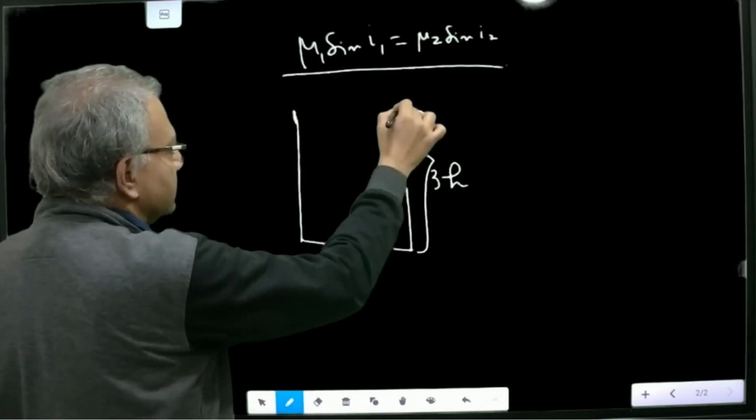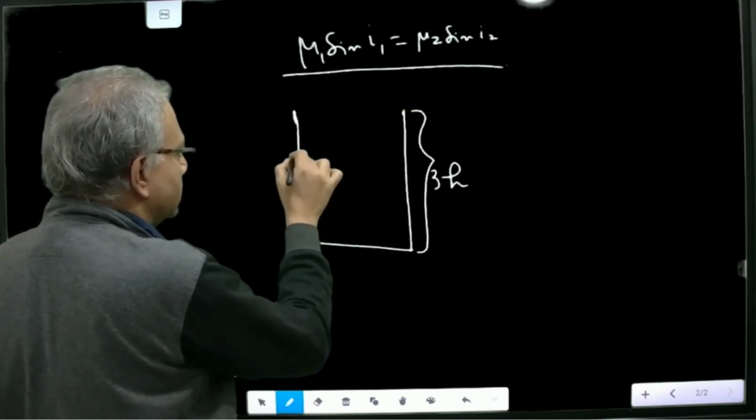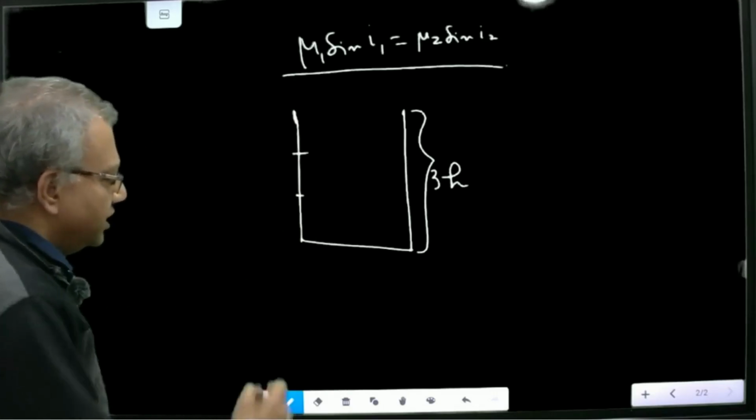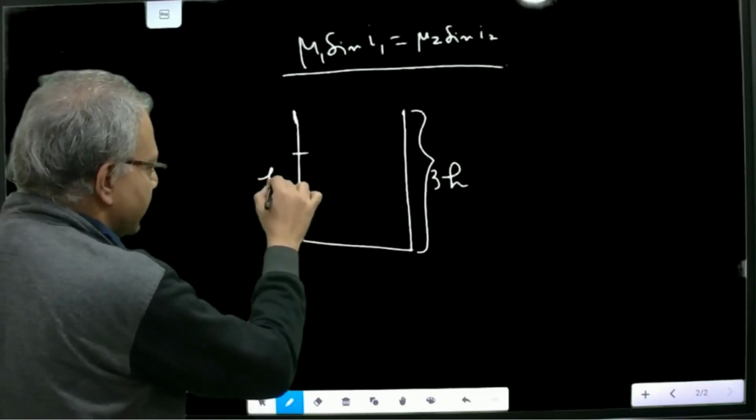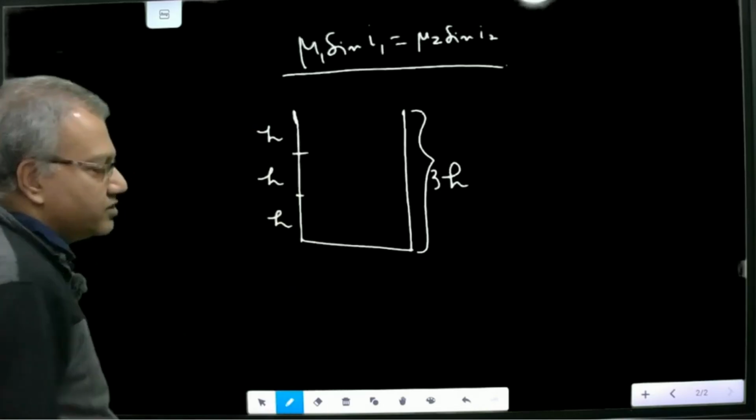Okay, very good. And I'm going to split it into 3 parts. This part is h, this part is h, this part is h. Total 3h, isn't it?